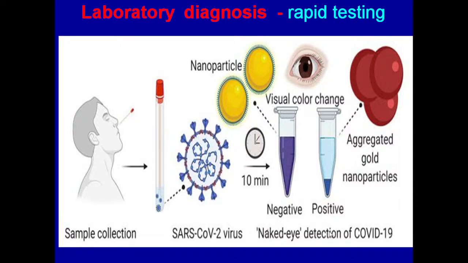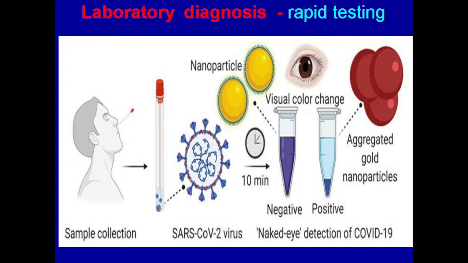And here you can see the so-called express methods or rapid testing, because now it's so important to develop them specific and sensitive enough to perform during, within the airports or before some meetings and so on, right? Usually it is quite often used in the airports.